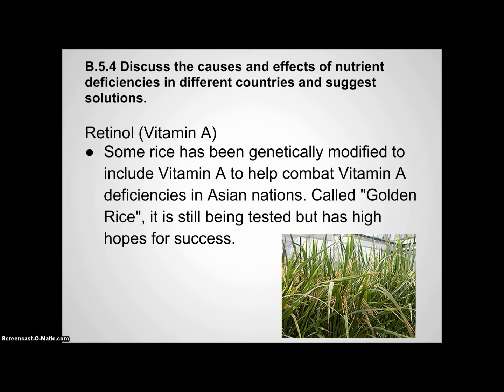Another solution is genetically modifying rice in developing countries in Asia, called golden rice, and it's genetically modified to create a very large amount of vitamin A, so that poor people in the countryside who typically rely on rice for their daily diet are able to obtain a sufficient amount of vitamin A.